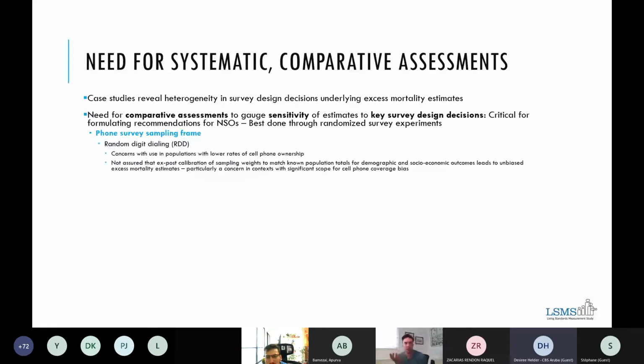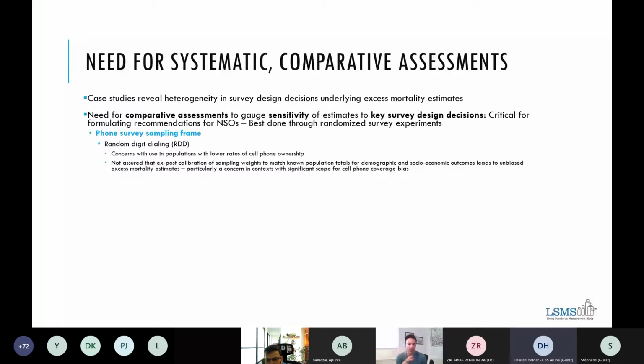For those of us who have worked extensively on phone surveys, even prior to COVID-19 and most certainly during the pandemic, we have concerns regarding the use of RDD in populations with lower rates of cell phone ownership. I think that is clearly agreed on and has been reflected in the presentations.